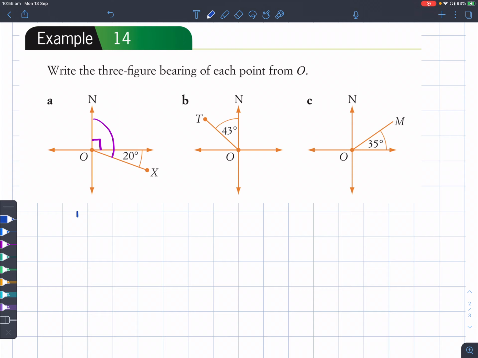That is our true bearing for where X is in relation to O. Question B asks: if you're at O looking this way, how much would you have to turn to look this way in a clockwise direction?